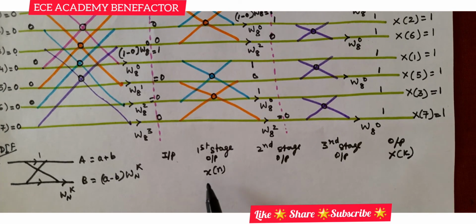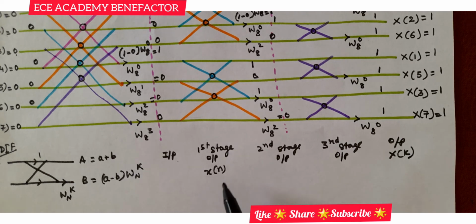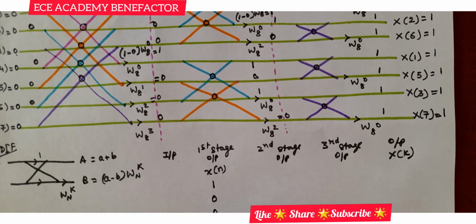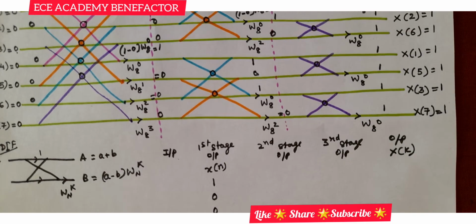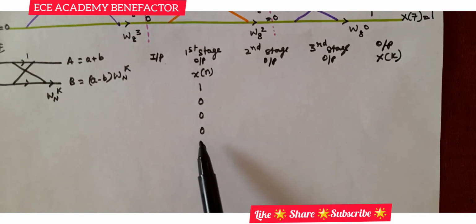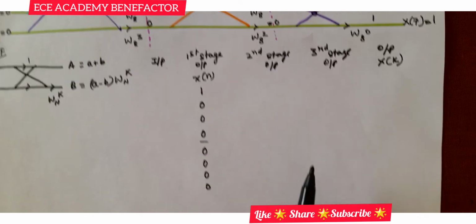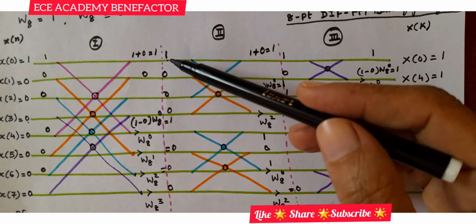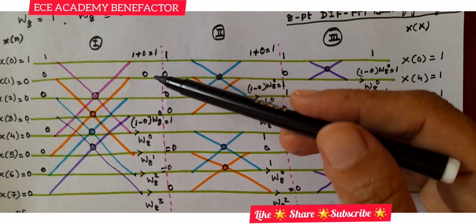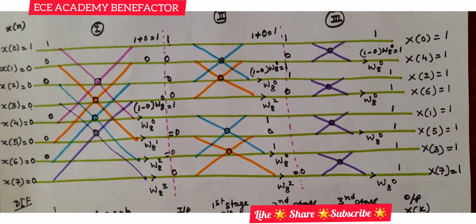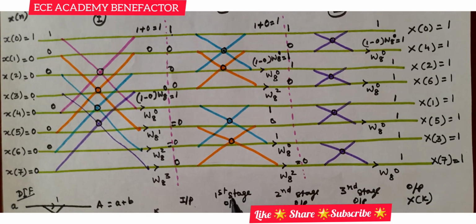Okay. So here the input is 1 000 and then 4 zeros. Okay, sorry, this one is input I have written.